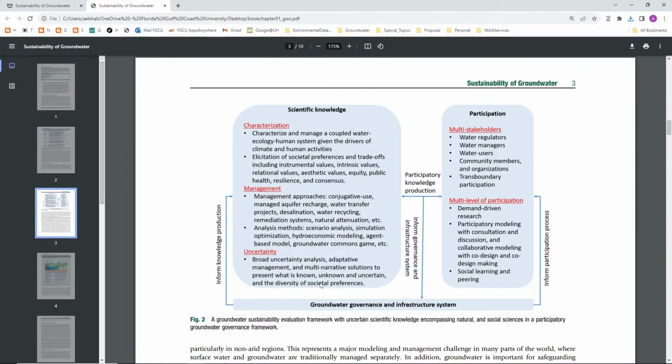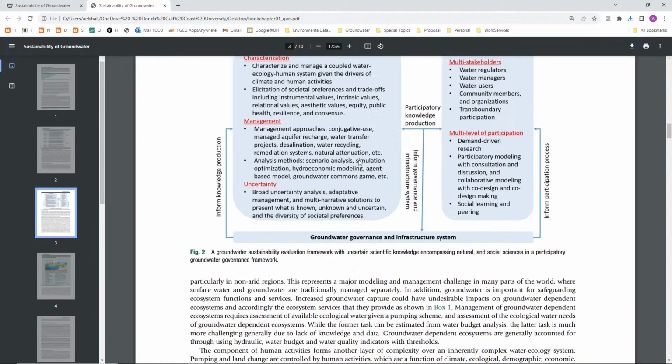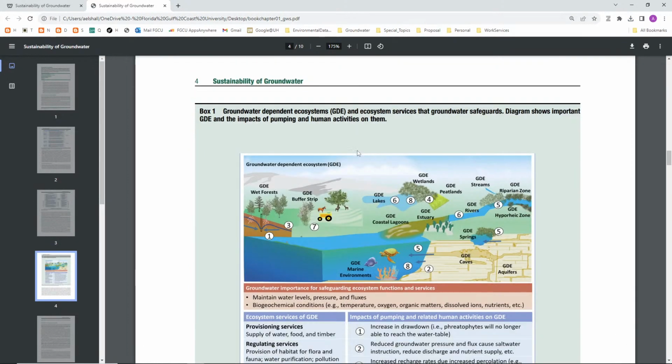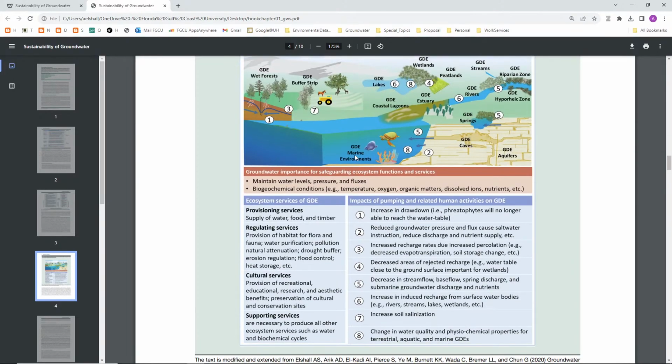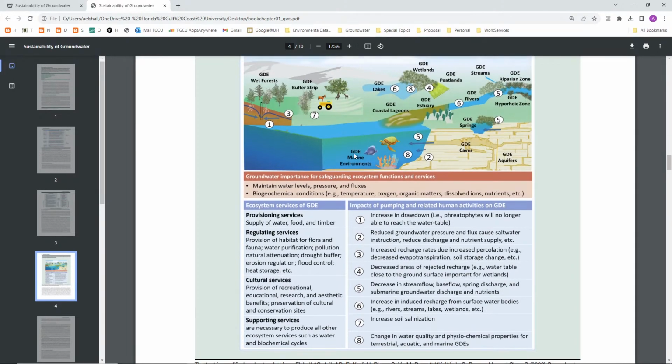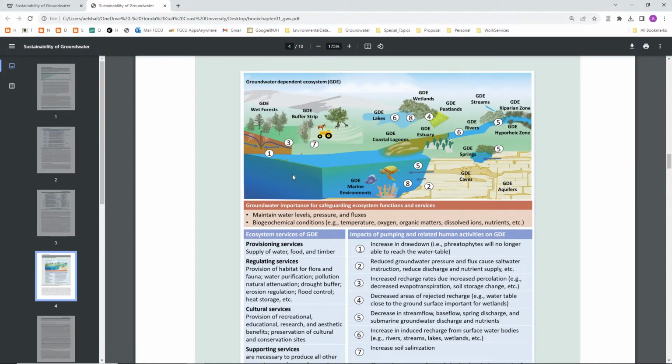Here you have scientific knowledge, here you have precipitation, and then you have groundwater governance and infrastructure, the relations between these, and how all these pieces should fit together in your evaluation. That's another story that I'm telling. This is a very intense story here, you see. I created this figure with a raster image editor.